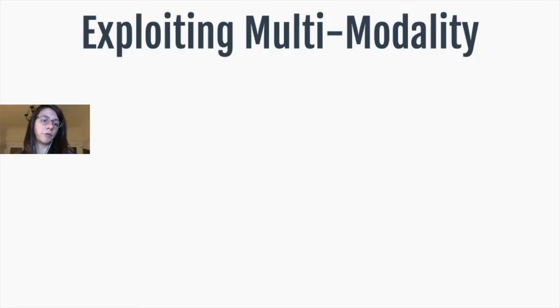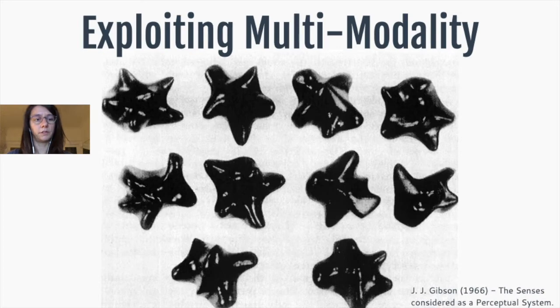So, for example, there is evidence that humans exploit multiple modalities for perception. Here's a study by J.J. Gibson, who's more famous for his work on affordances, which he presented in his book, The Senses Considered as Perceptual Systems. Human subjects were supposed to find a reference object among these sets of irregularly shaped objects.